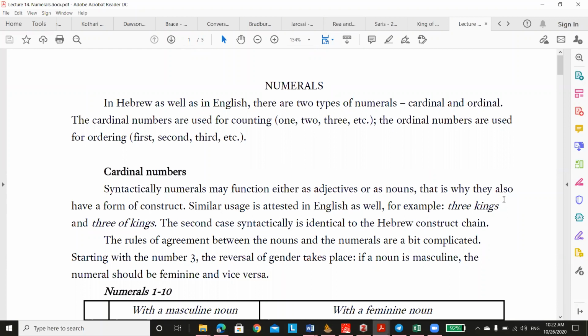So there are not many problems with the ordinal numerals, but the cardinal numerals have some specific issues that we need to remember.